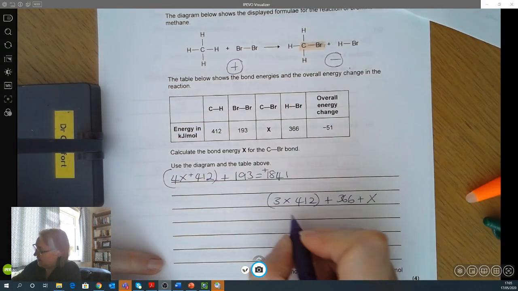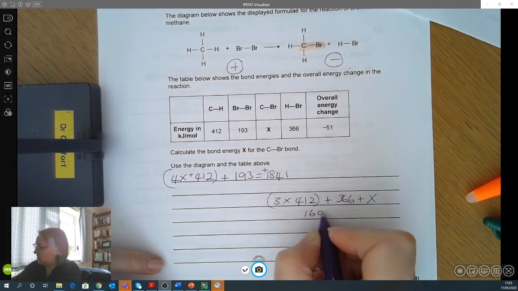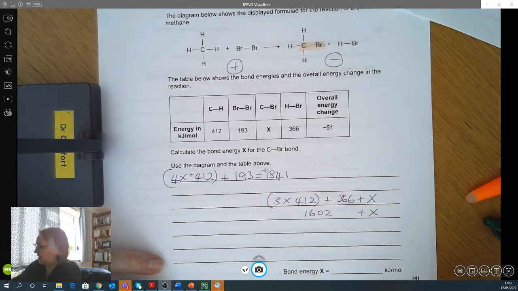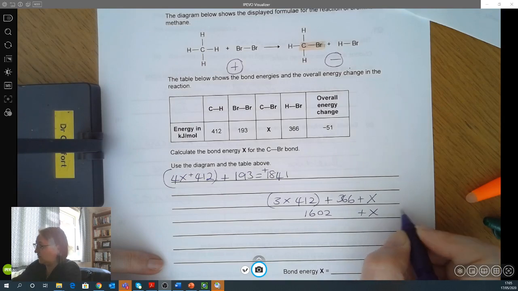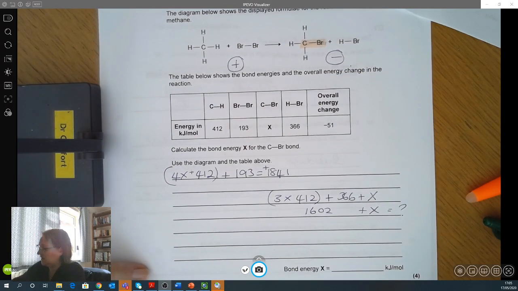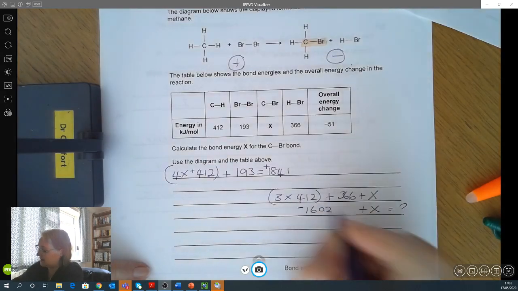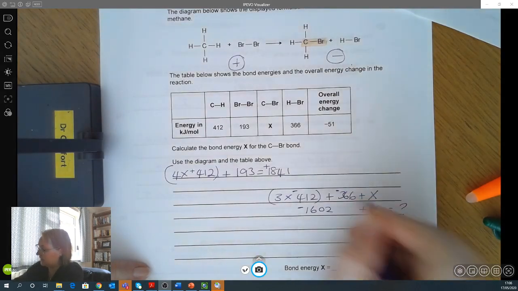And this part here, if I add all those together, is 1602 plus X, and that equals some unknown number on the other side of the equation. I don't know what that is because I don't know X yet. So if I know, and sorry, that's minus, isn't it, because all of these are minus on this side.